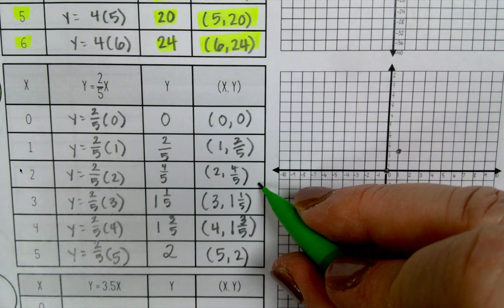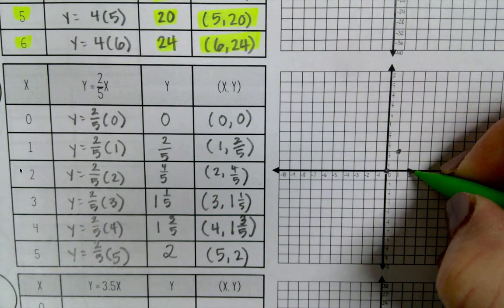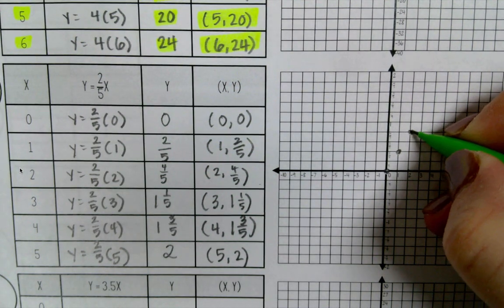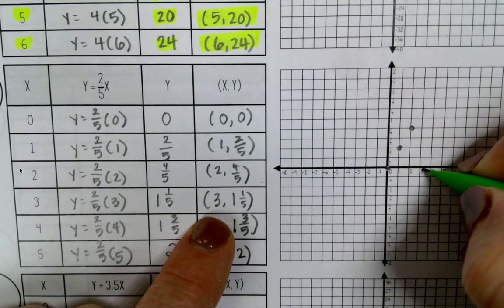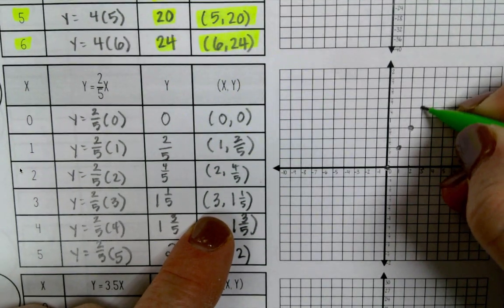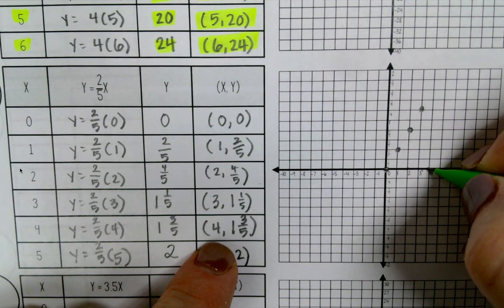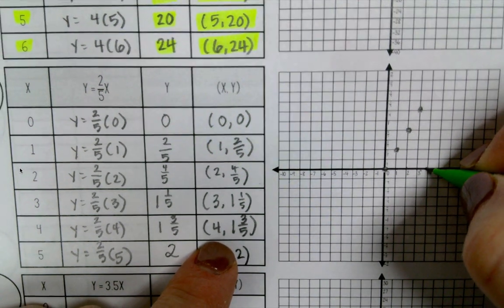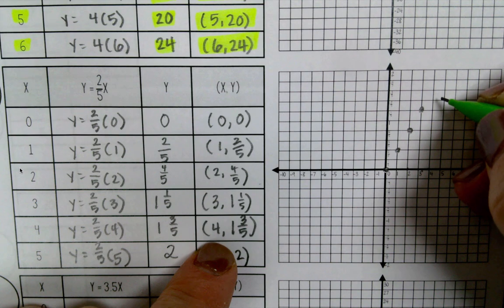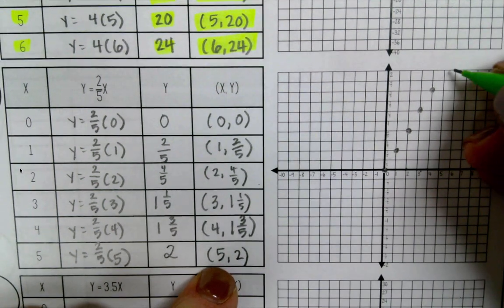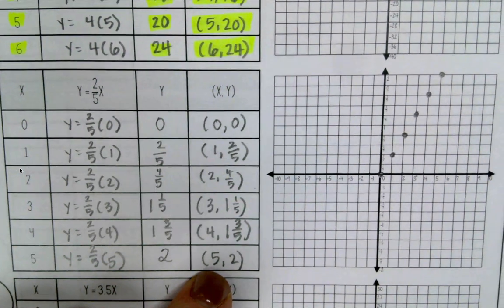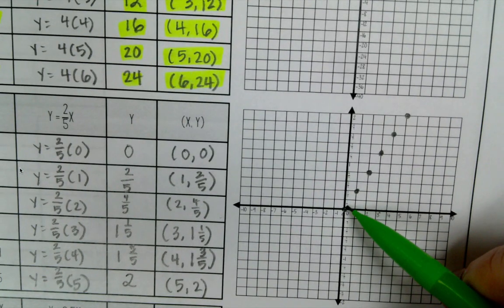Next ordered pair, 2 comma 4/5. 3, and then 1 and 1/5. 4 and 1 and 3/5, and then 5 comma 2. And then I would connect that line.